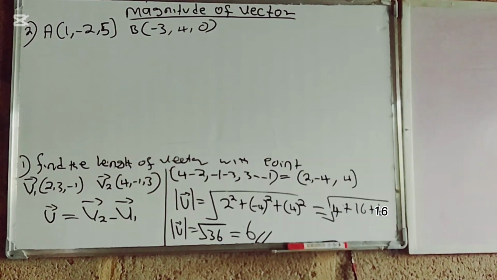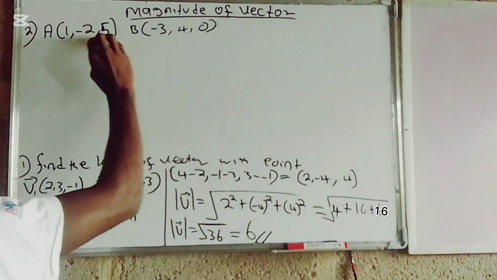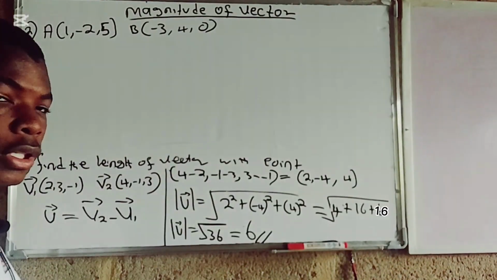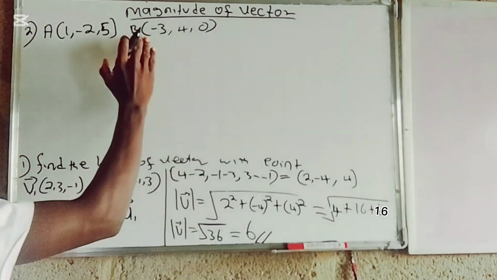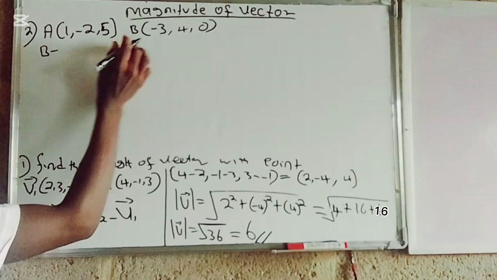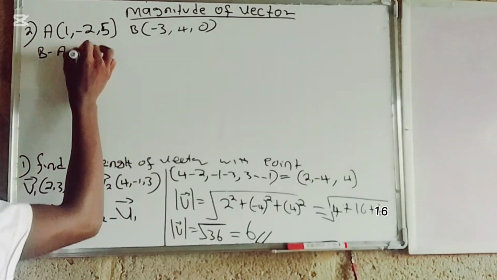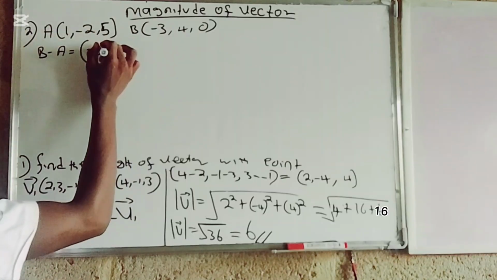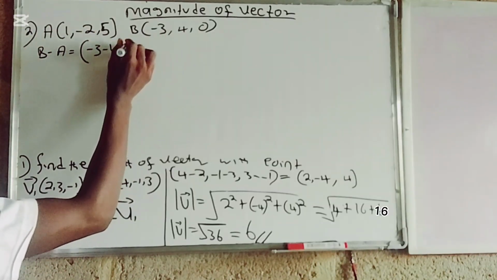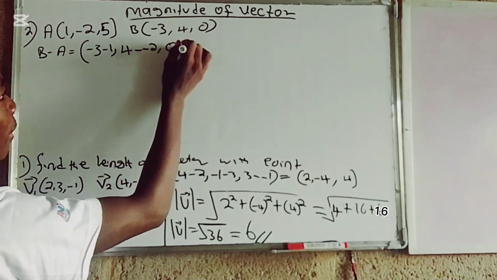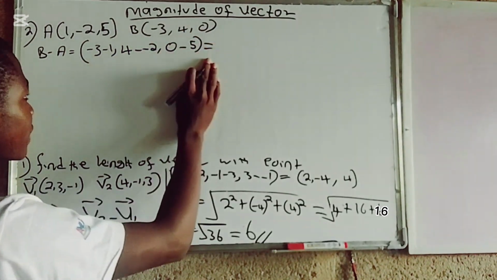So we are asked to find the length of the vector with this terminal point and also this. So you have to take note that if you are given two vectors to find the magnitude or length, it's the same thing as b minus a. So b minus a is the same thing as negative 3 minus 1, and therefore 4 minus minus 2, and therefore 0 minus 5.